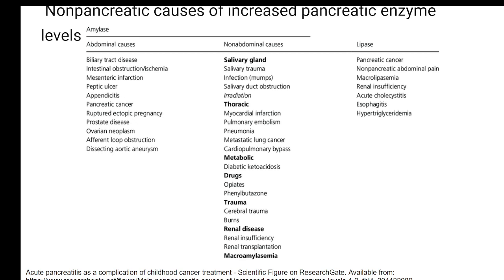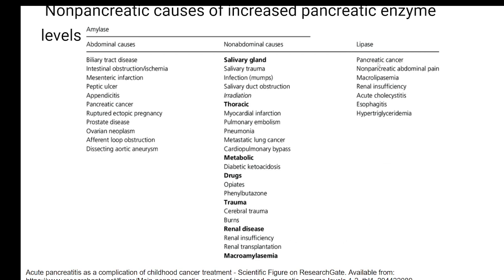But now it is known that there are many other conditions which can produce a rise in pancreatic enzyme levels, like biliary tract diseases, intestinal obstruction, mesenteric infarction, peptic ulcers, appendicitis, pancreatic cancers, ruptured ectopic pregnancy, ovarian neoplasm, as well as non-abdominal causes like salivary gland trauma or infections, thoracic causes like myocardial infarction, pulmonary embolism, pneumonia, or metabolic pathology like diabetic ketoacidosis, or drugs like opiates, phenylbutazone, trauma, or renal disorders, or of course macroamylasemia, which is a pathology related to the pancreas only.